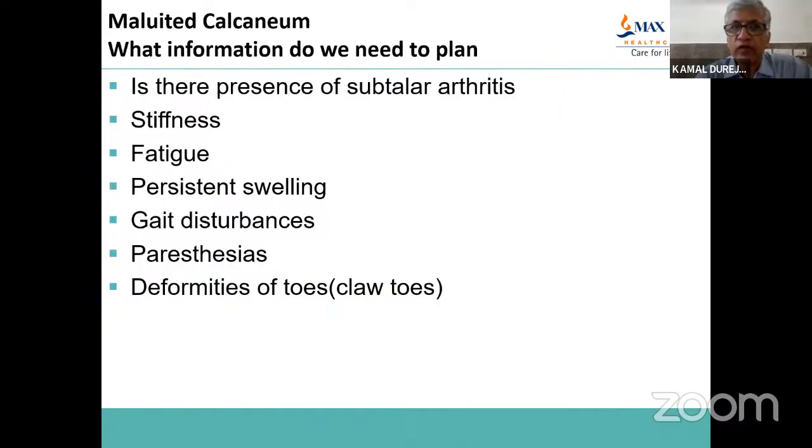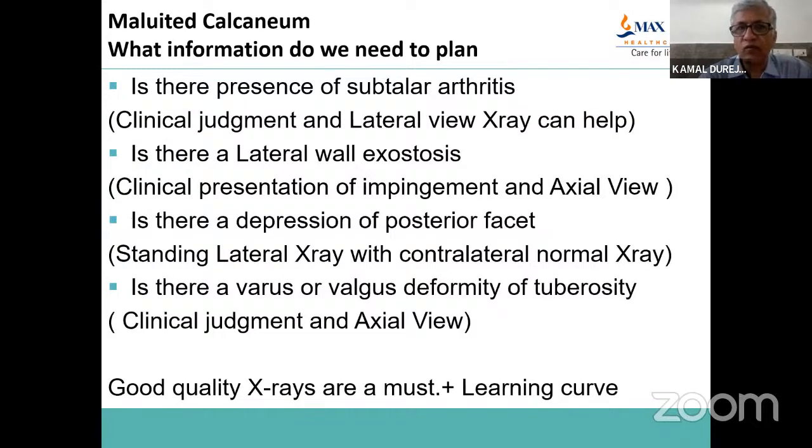We need to understand what kind of information we need to plan. What information do we need from the X-ray? We need information about the presence of subtalar arthritis, of course, mixed with clinical judgment. We need information about the lateral wall exostosis, which will appear on an axial view, a good axial view.